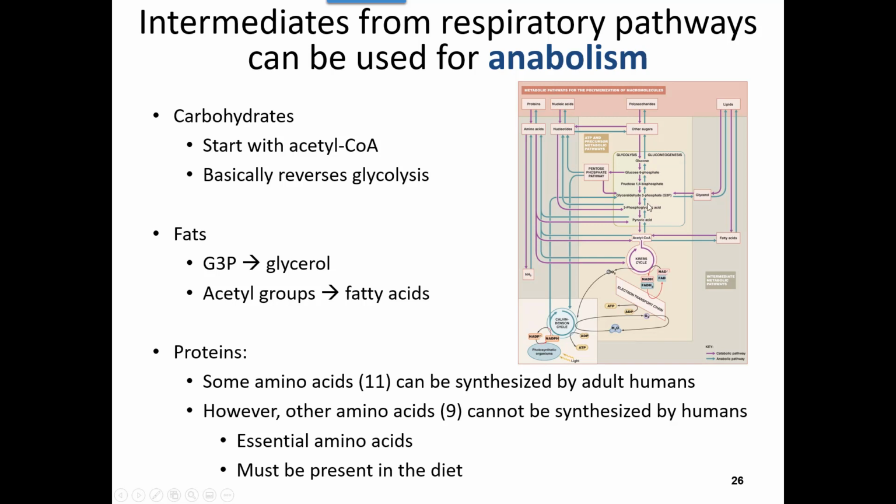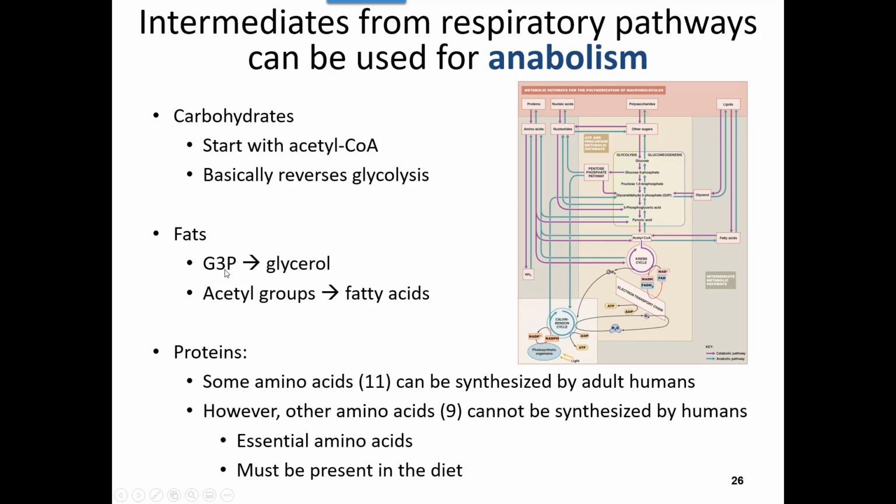So these different things can be a product, but they can also be a reactant, something that's going to go in and make something else. Just as an example, with fats we can take G3P and make it into glycerol. We can take acetyl groups and make them into fatty acids. These products also become reactants.